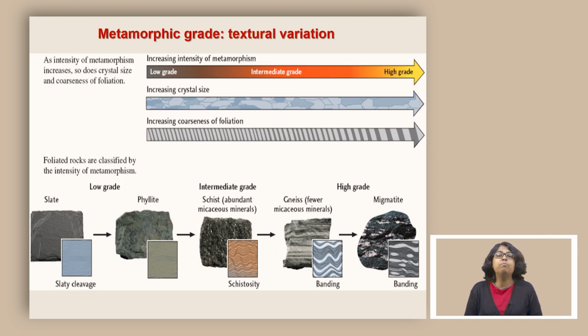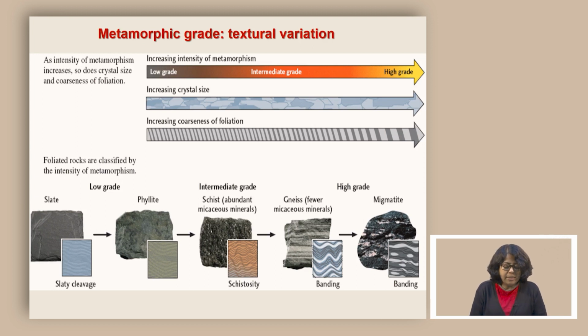The most important idea that we should focus on is the metamorphic grade. To put it simply, metamorphic grade is an increasing intensity of metamorphism that we want to track, and often a combination of mineral composition and texture gives us very important information about the increasing degree of metamorphism, what we call the metamorphic grade.